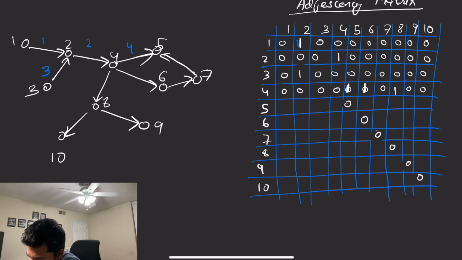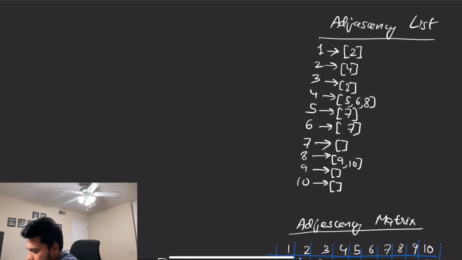So 2 to 4 is 2, and then 3 to 2 is 3. So you just put the number at that area, and you see it's not hard to represent a graph using a matrix, but this representation is like a fluffed up version of the other.